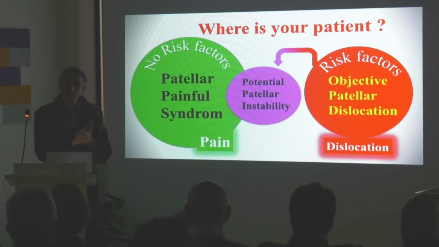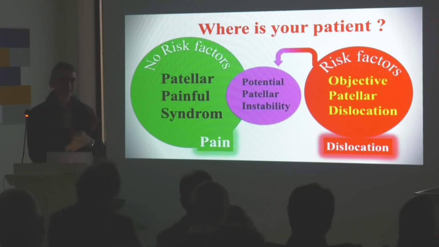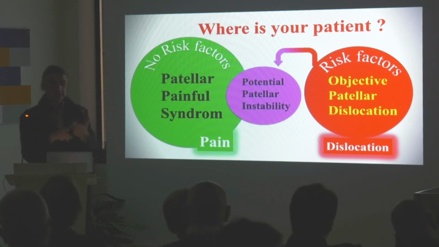So this is the best way to show your patient you are normal. Please leave me quiet. You understand what I mean? The second population will be the objective patellar dislocation. They have some risk factors, at least the trochlear dysplasia, patella alta, excessive TTTG, and they had a dislocation for sure.